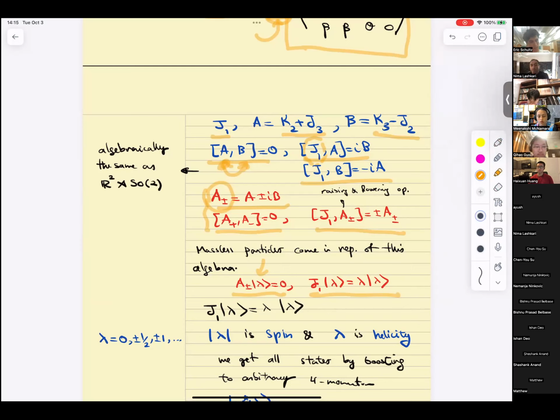Turns out, I haven't said, there is a symmetry of quantum field theory called CPT: charge conjugation, parity, and time reversal. It will tell you that if you have lambda, you also must have minus lambda.